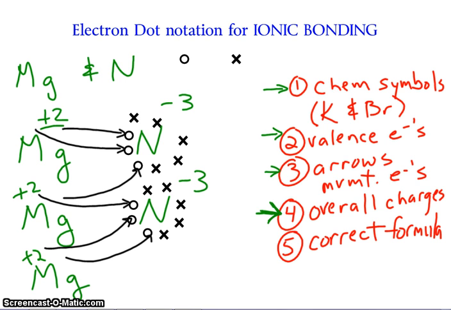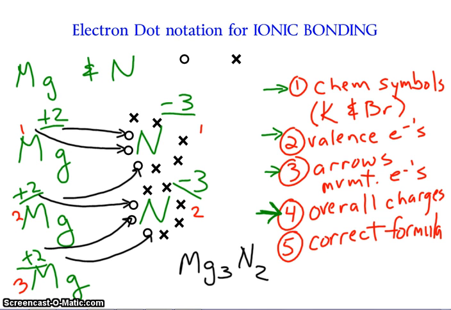I have them on each of the atoms in my diagram. The correct formula will have 1, 2, 3 magnesiums, Mg3, and 1, 2 nitrogens, N2. This is the correct formula for magnesium nitride. I hope this helps.